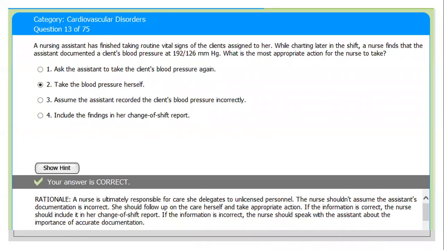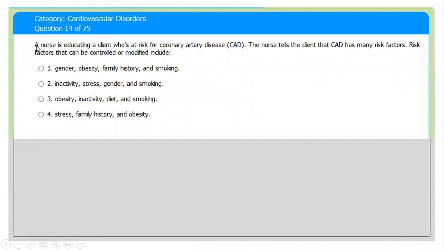What next? A nurse is educating a client who is at risk for coronary artery disease, shortly called CAD, right? So the nurse tells the client that CAD has risk factors.